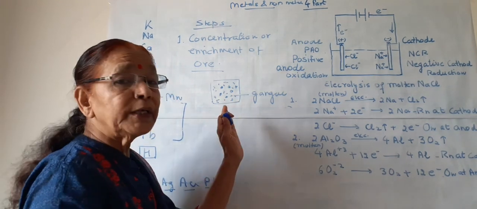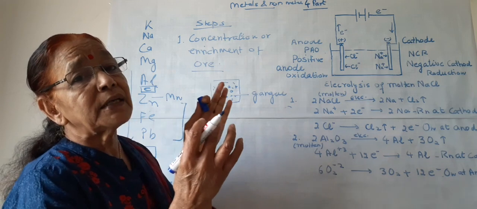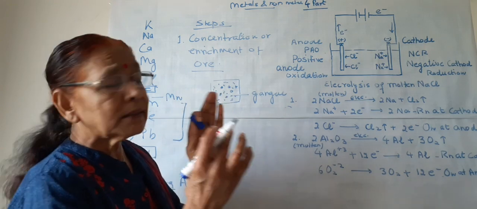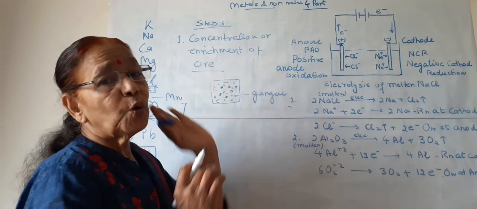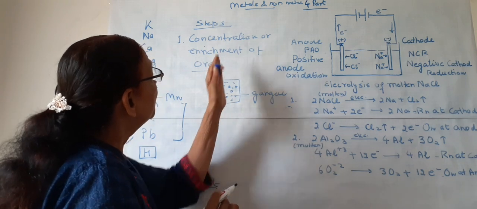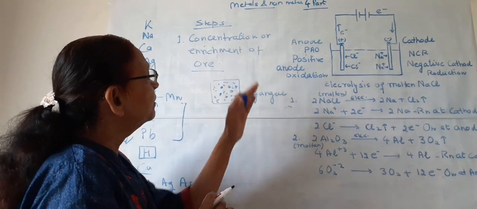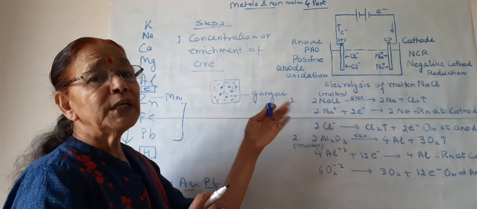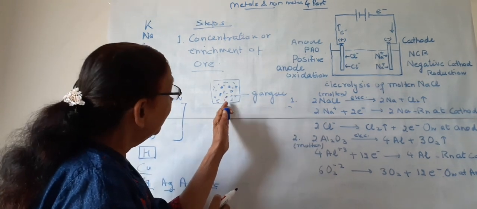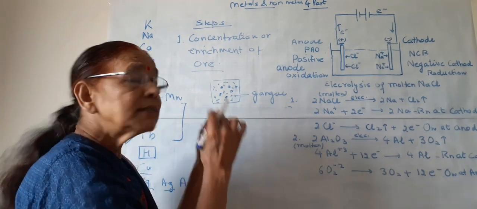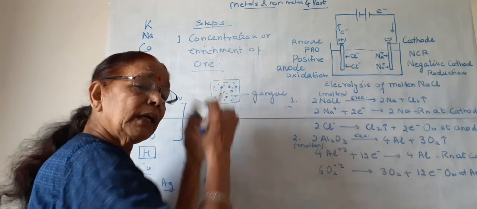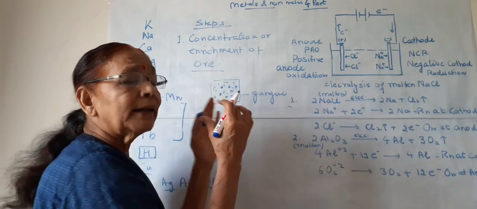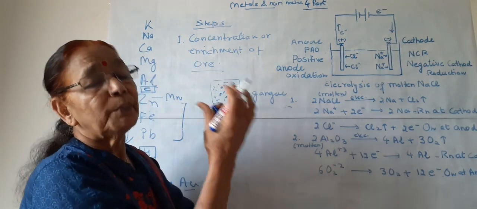Gangue is the impurities which are associated with metal or its compound in its ore. So what we want to do in concentration is remove this gangue, and we want more concentration or more enrichment of this metal in a particular block.